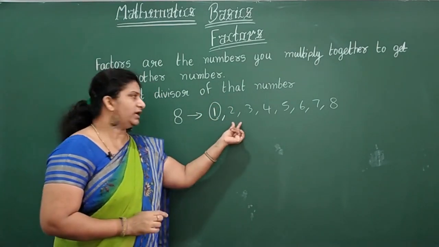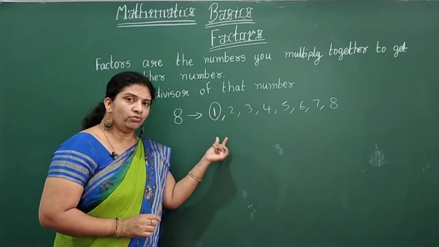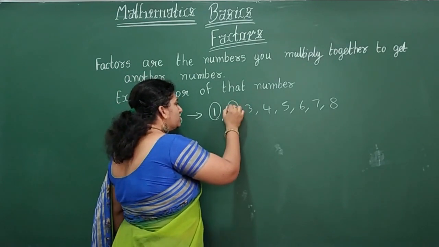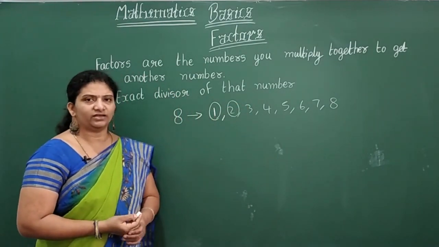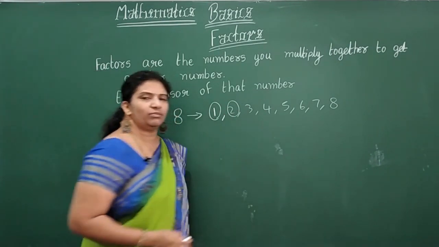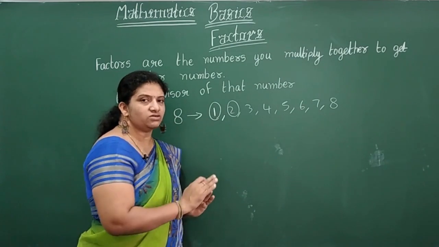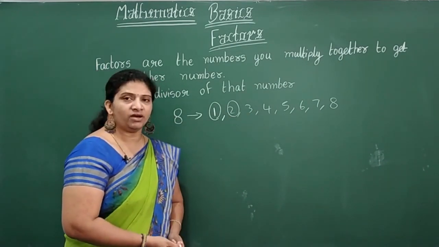Now see the 2 table. Where do you get this 8? 2 4s are 8. So in the 2 table also I am getting this 8, so it is also a factor. Now look here. In the 3 table, do you get 8 anywhere? No, you won't. So 3 is not a factor of 8. Next, the number 4.